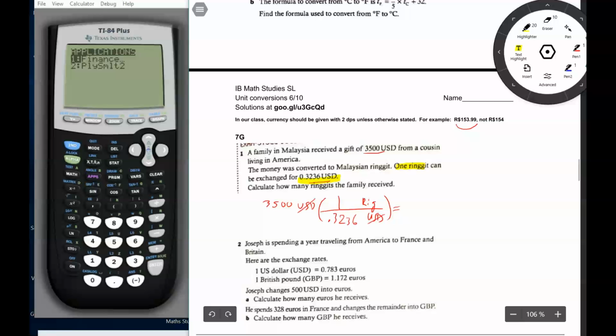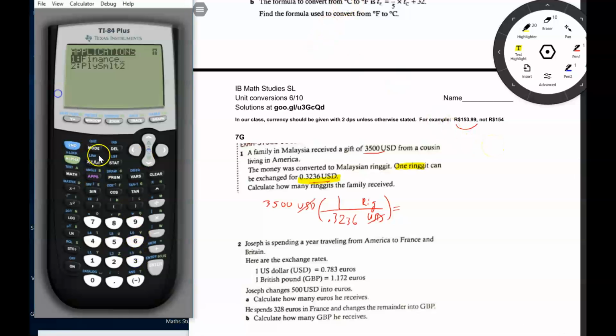Let's figure out the amount here. The US dollars cancel out, so that looks like I did it correctly. And then I'm going to put it in the calculator, using the math fraction function.